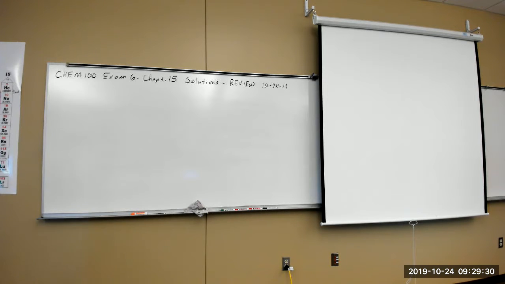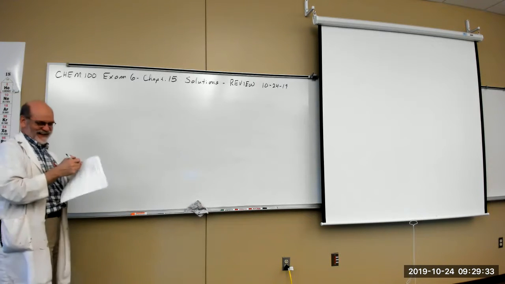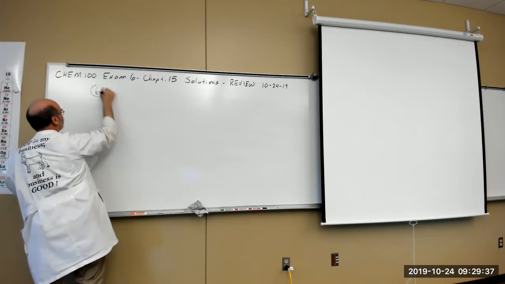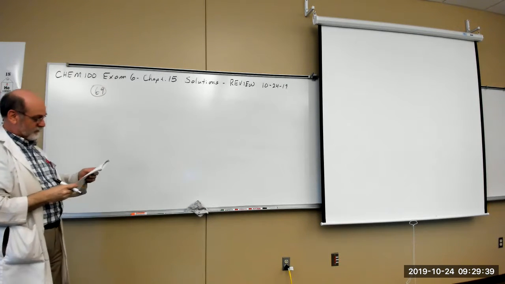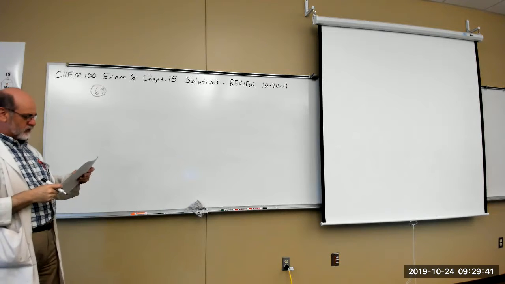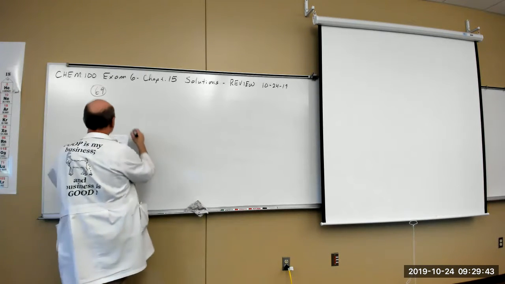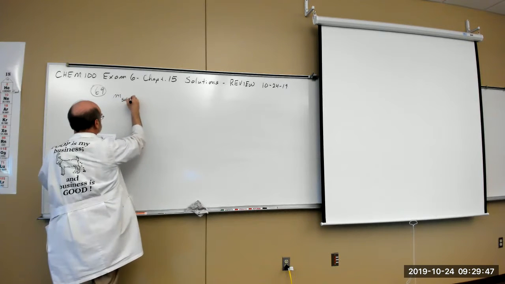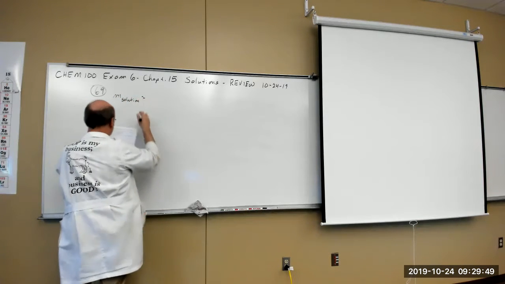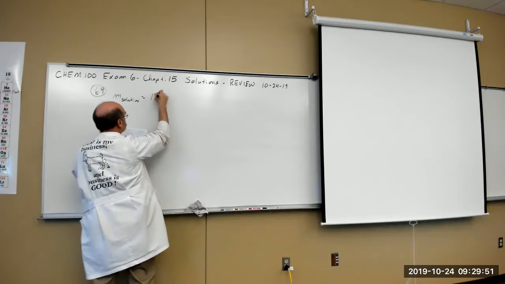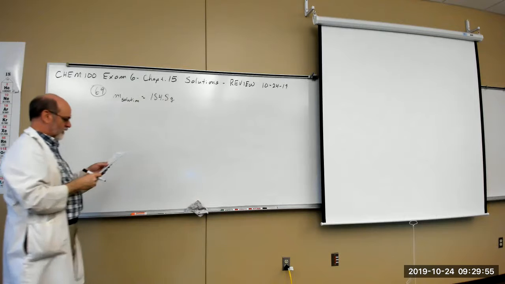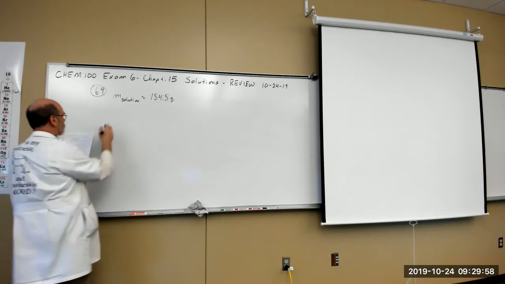Those mass percents give you trouble, don't they? All right, 69. The total mass of a solution is 184. The mass of the solution equals 184.8 grams. Okay. The solvent mass is 152.